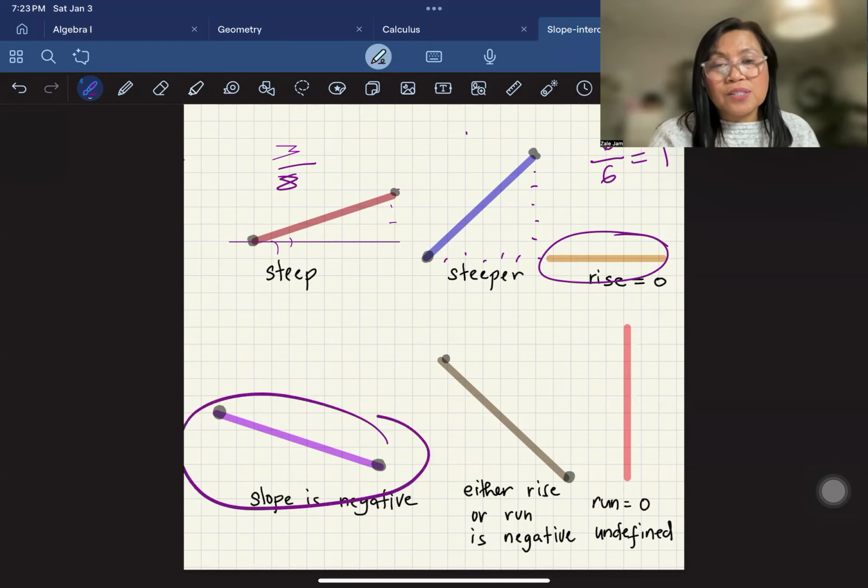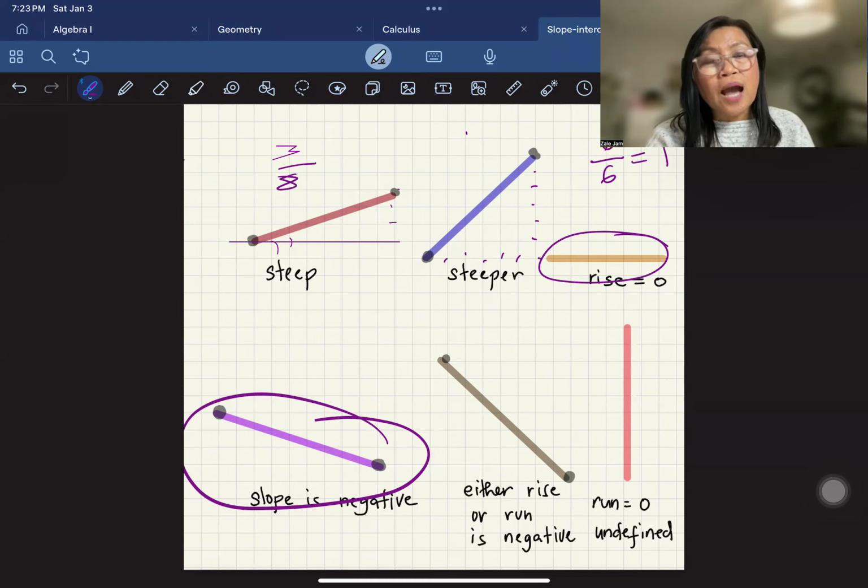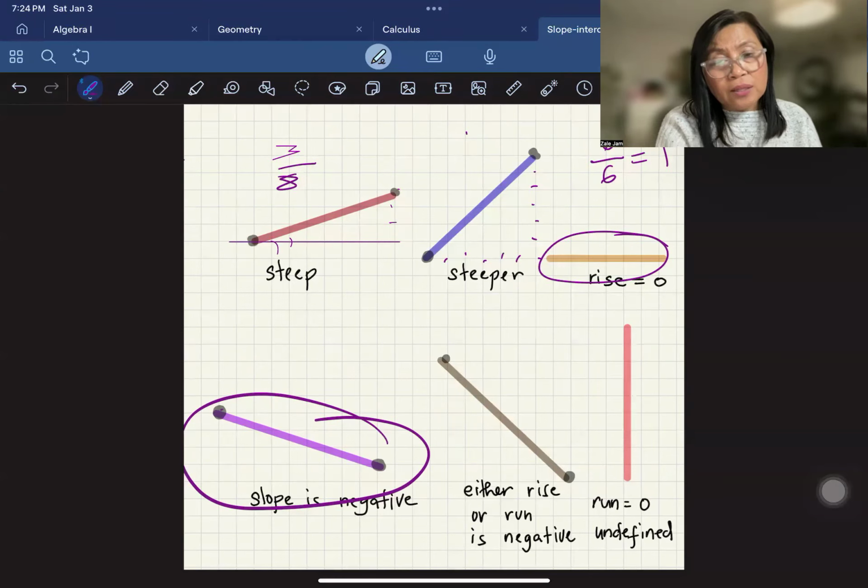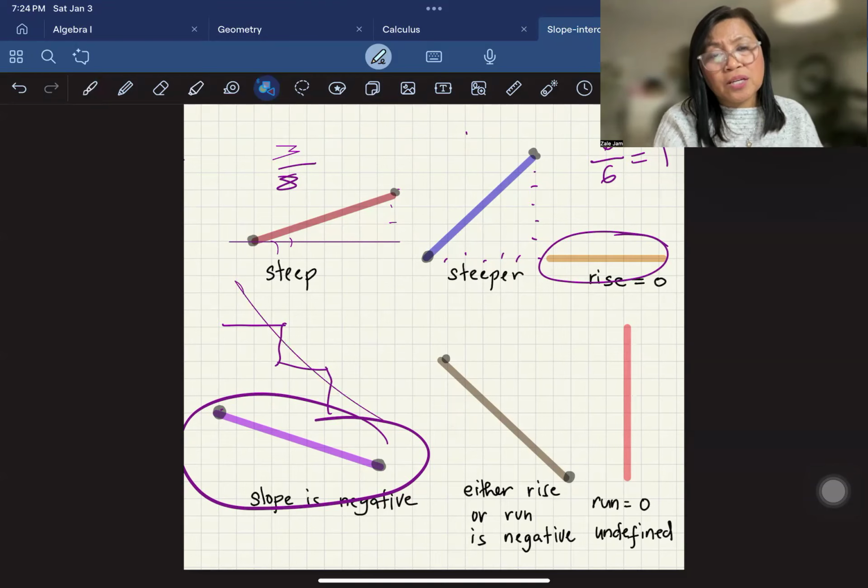And here comes the fourth line, wherein as you move to the right, the line falls downwards. It's like you're going down a staircase. So once you're going down a staircase, you have a decreasing slope.